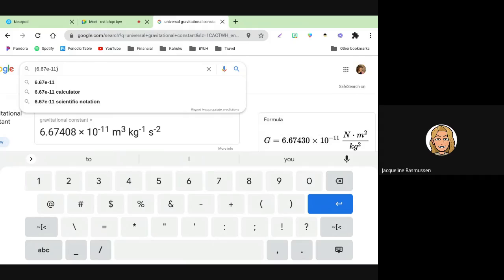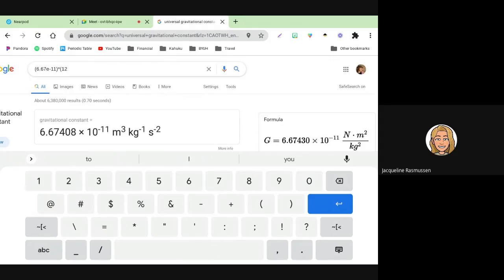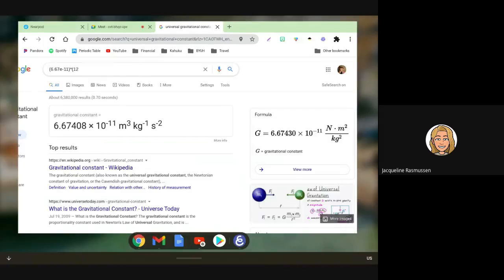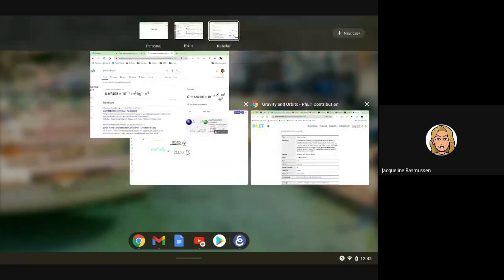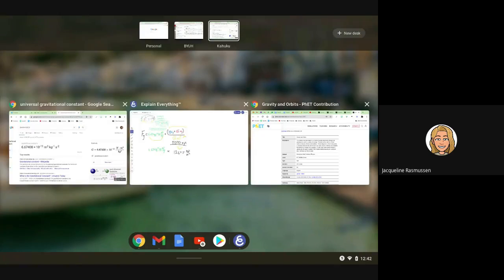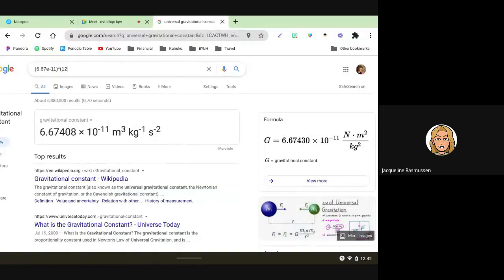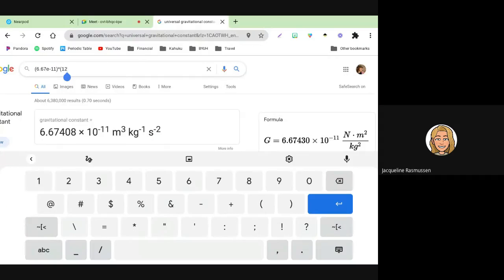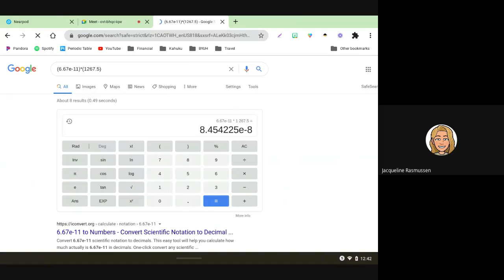And we are multiplying that by our 12, ooh, I forgot it. Let's go back really quick. 1267.5. And we'll close the parentheses, press enter, and we end up with 8.45.